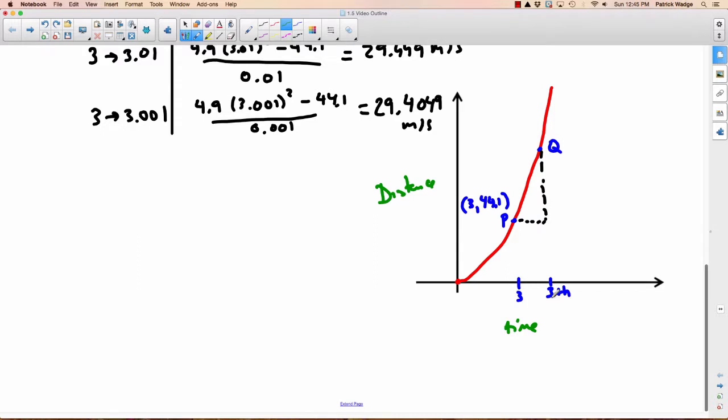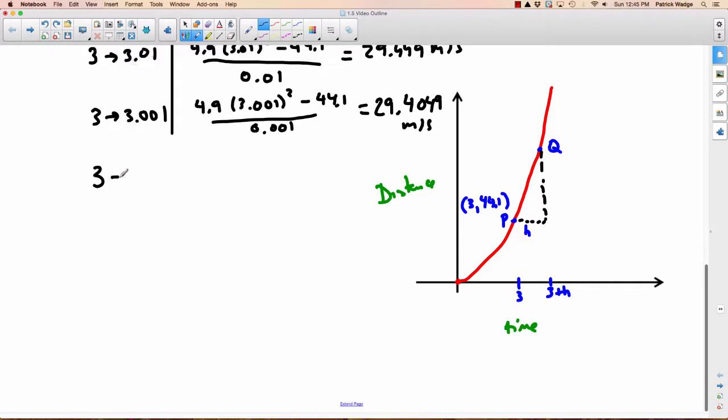And what we're trying to do is get this amount as small as possible, right? We want this 3 plus h to be as close to 3 as possible. In other words, we want h, because that's what the difference is between 3 and 3 plus h, to be as small as possible. We want h to approach 0. Right? Okay, so one last thing to put in our table. We're not going to go from 3 to 4 or 3 to 3.01.